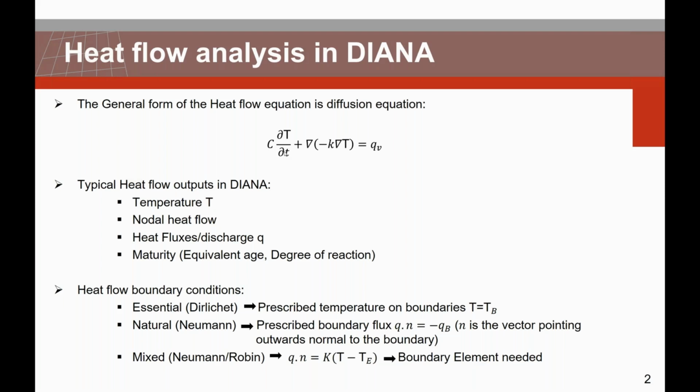In that case, you prescribe the flux. And the last one, the mixed one, also called the Neumann-Robin, for which you need to use a boundary element. I will go a little bit in more detail through these different boundary conditions because this is essential for this analysis type.